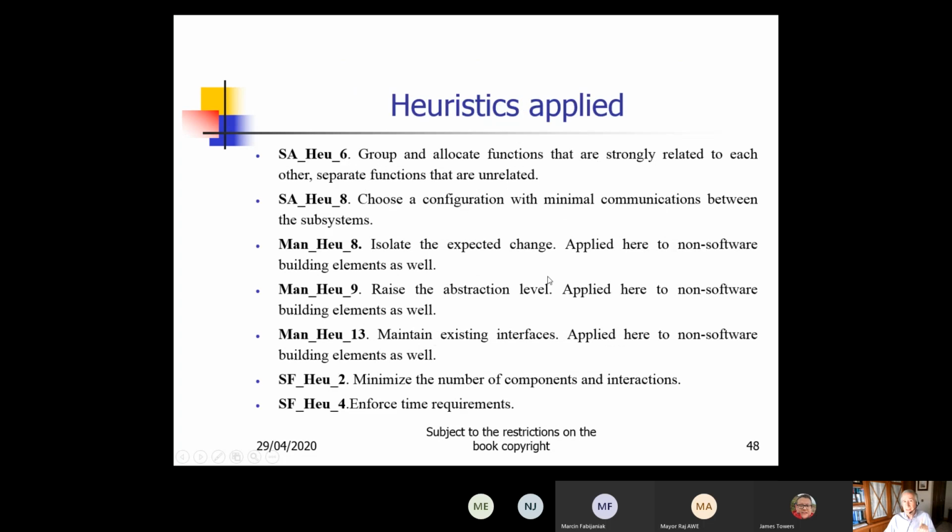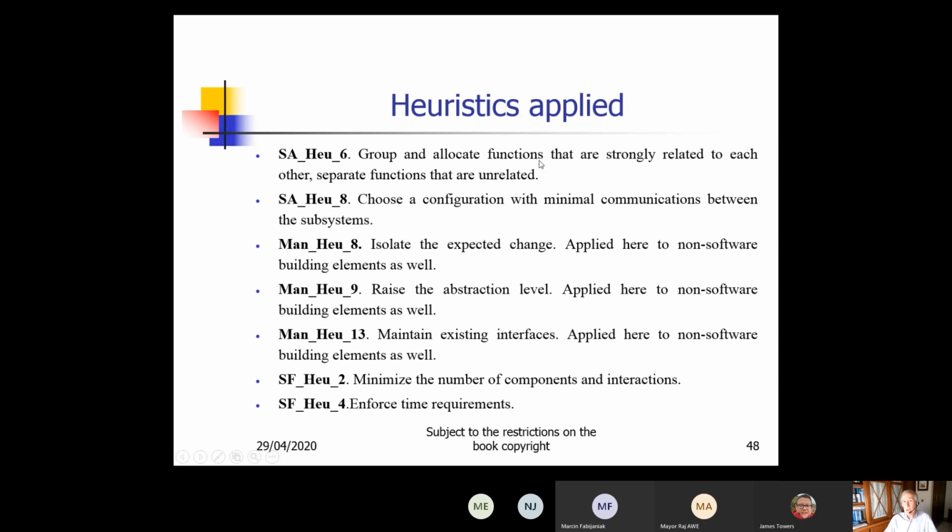It's very important to identify the heuristics we applied. Here we apply heuristics related with maintenance, maintainability requirements. We use heuristics related with safety, and we use general heuristics for modularity.